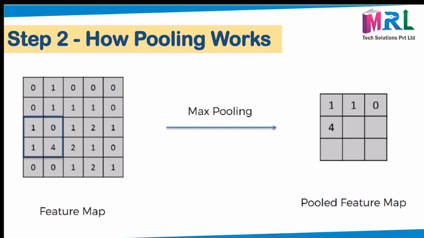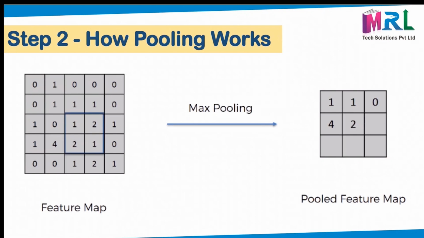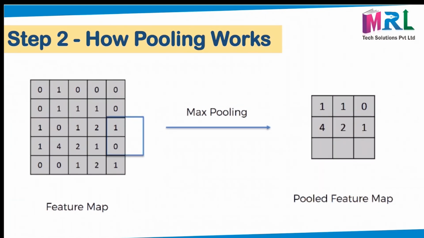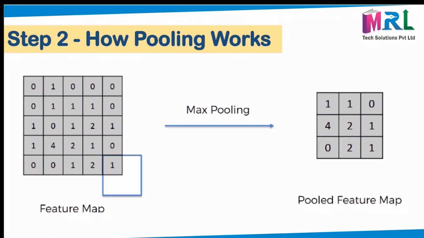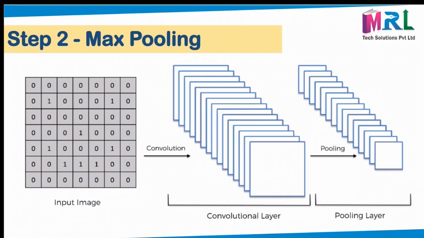When I shift it down, what is the maximum value over here? It is 4. When I shift it again, the maximum value will be 2. If you take sum pooling, you have to sum. So there are different types. You can choose anything, max pool, min pool, like that, whichever gives a better result for that image.